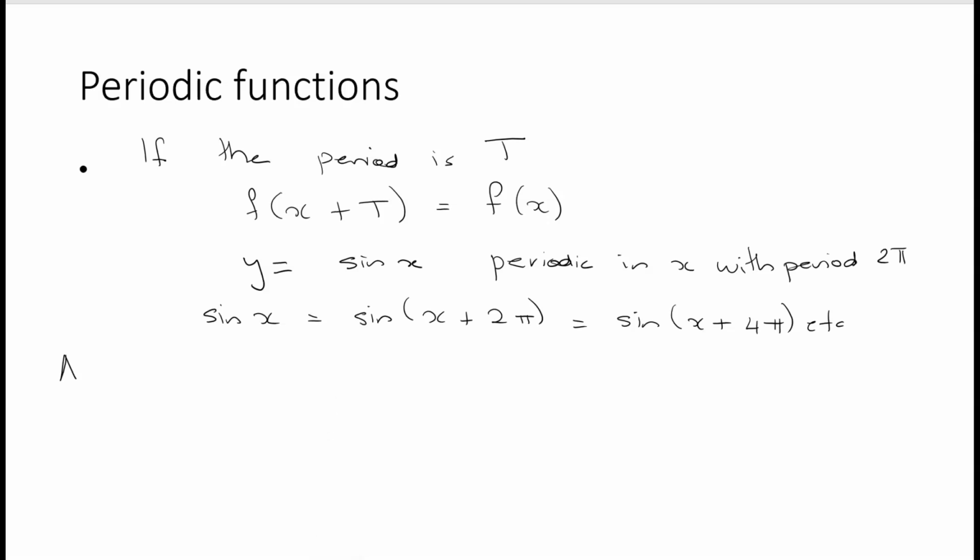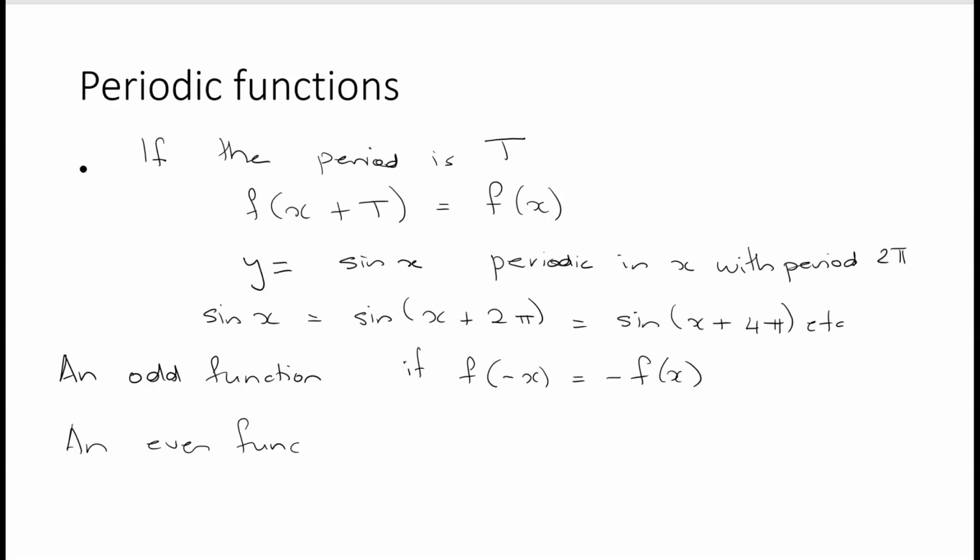Now we can talk about an odd function, and I don't just mean a peculiar one, I mean an odd function. We say a function is odd if f of the negative of x is equal to the opposite of f of x, and we talk about an even function if f of negative x is just f of x.